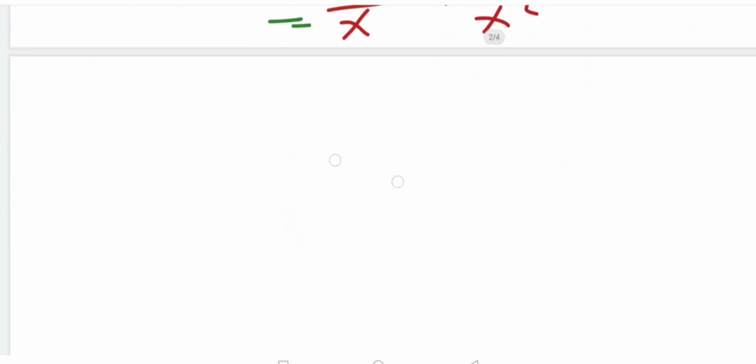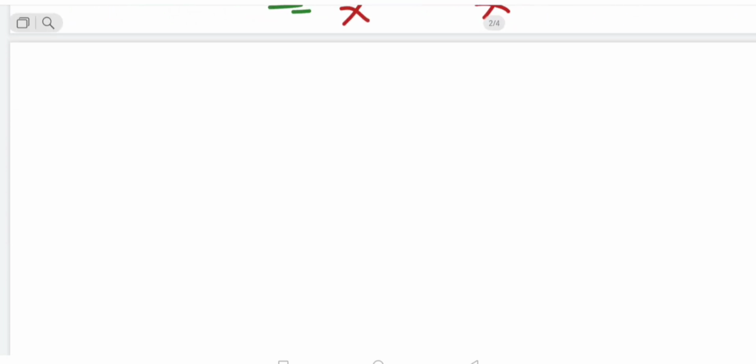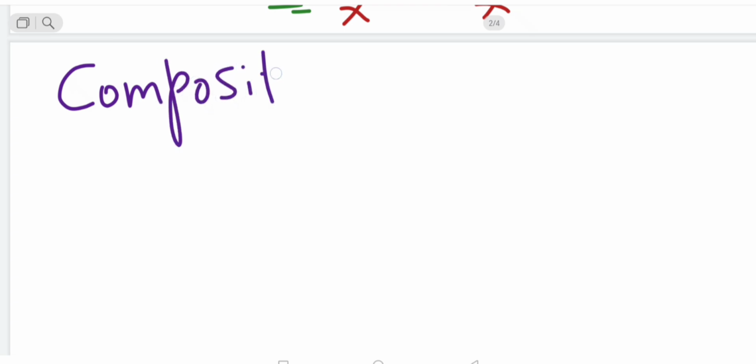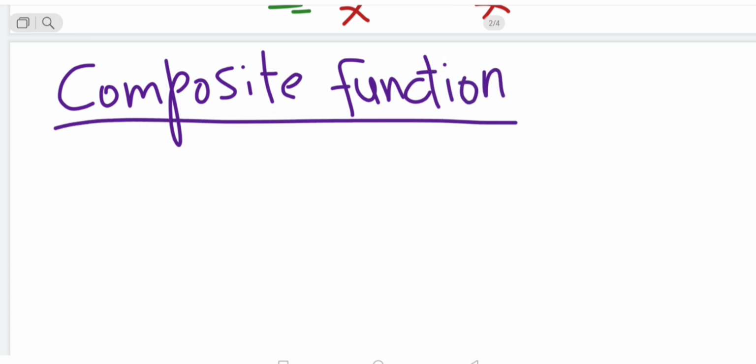Now we will move to the composite function. What is composite function? Composite function. Okay, composite function means where the output of one function becomes the input of the other.